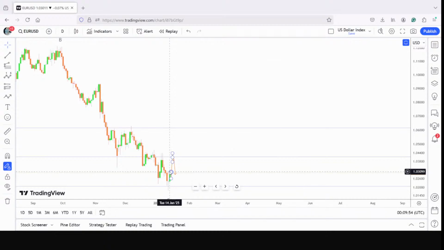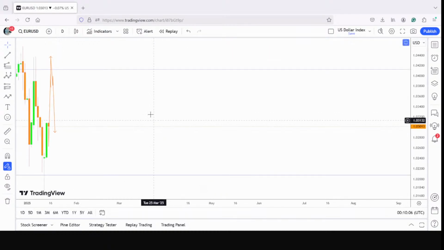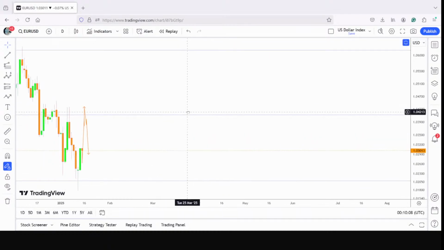Do you see that the market has rallied all the way towards the 1.03 handle, and it has closed around that part, and that's a classic. I'm zooming out a bit for us to clearly see that classic morning star pattern which has unfolded on the chart.